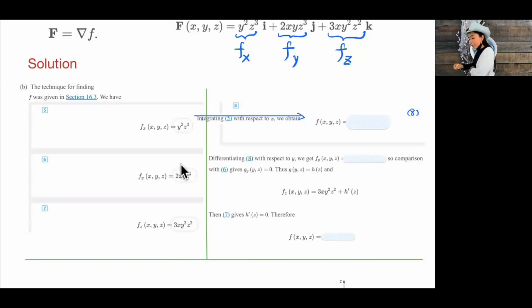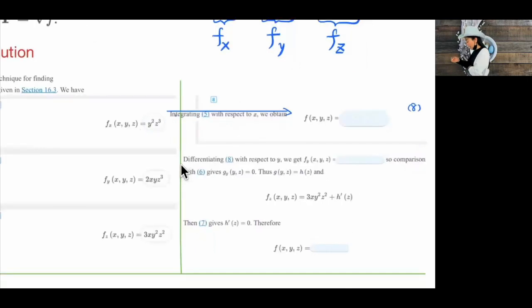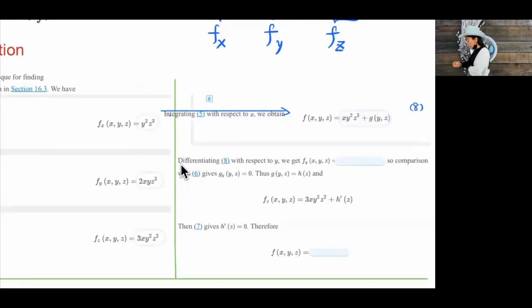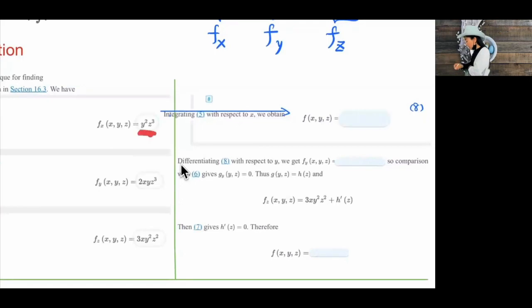Does it have any x here? No x? So you can think of it as a constant, multiplied with x. So you're going to get x multiplied with y squared z cubed.